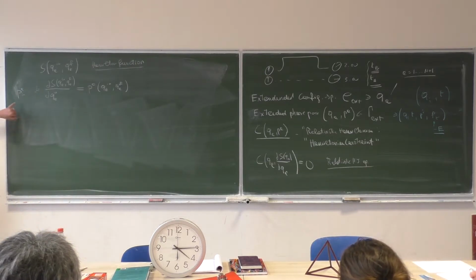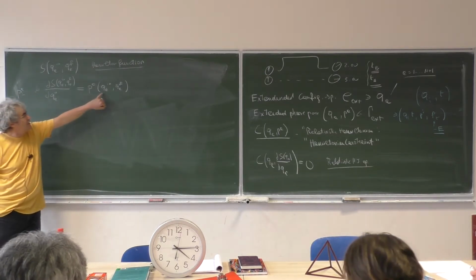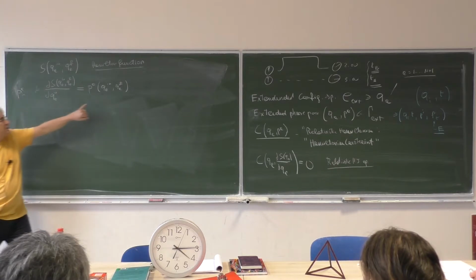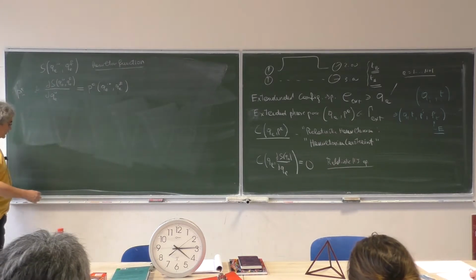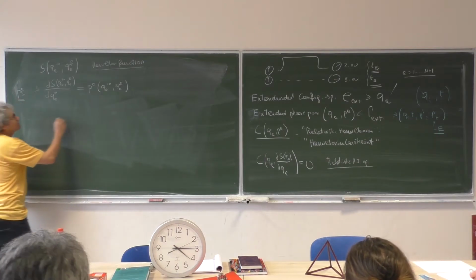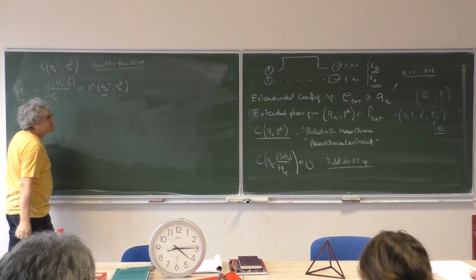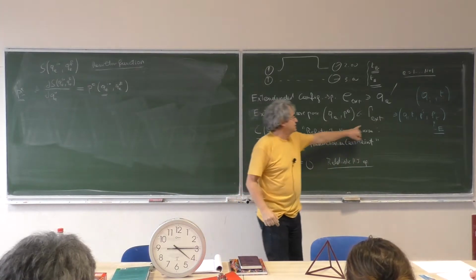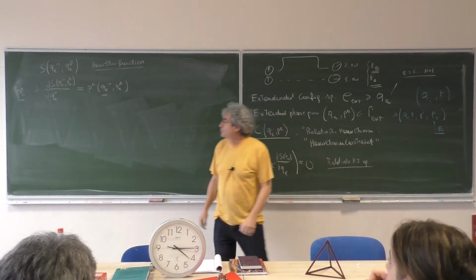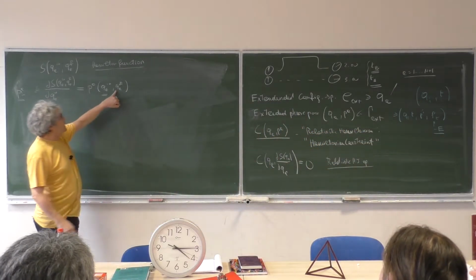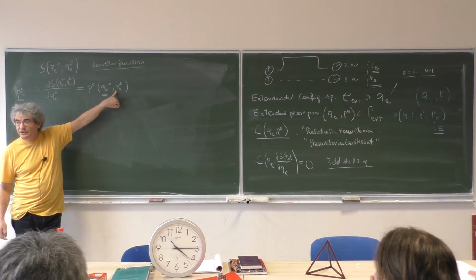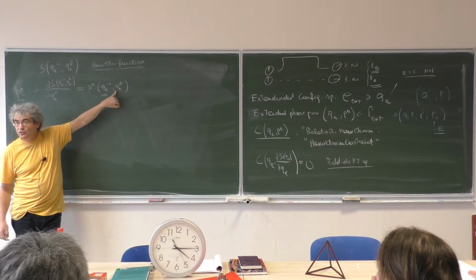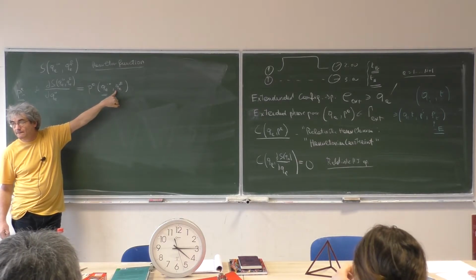So you get a relation between initial position, initial momentum, and final positions. So for each set of initial positions and initial momentum, which is a point in gamma extended, you get a relation between all the final variables. All right?